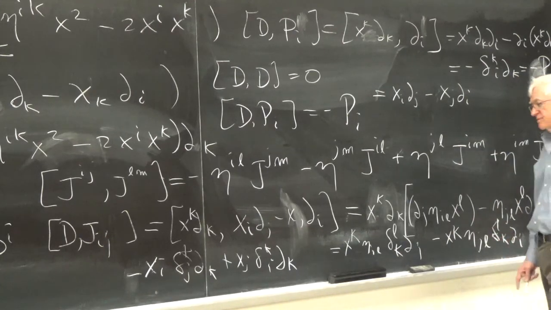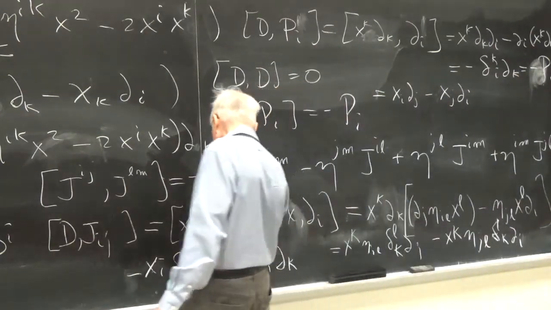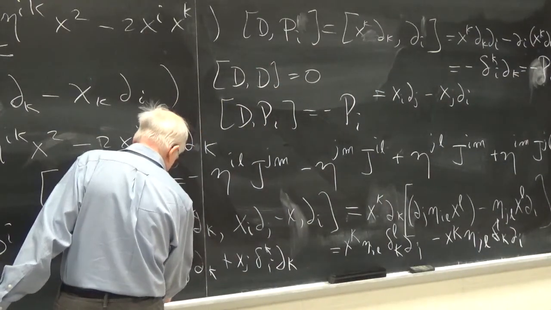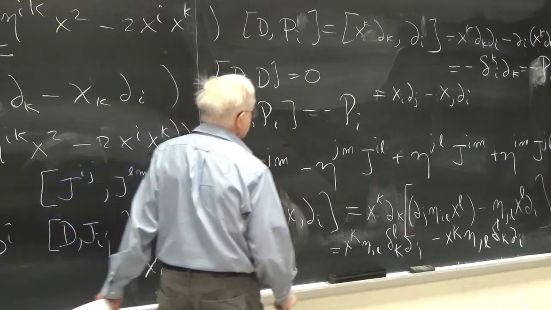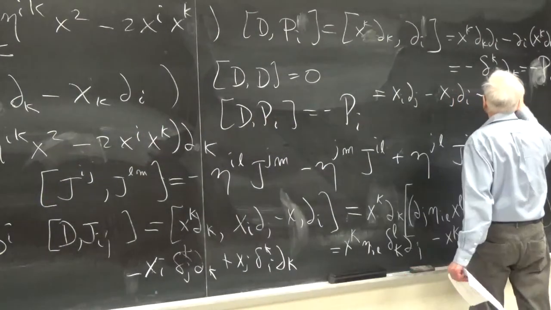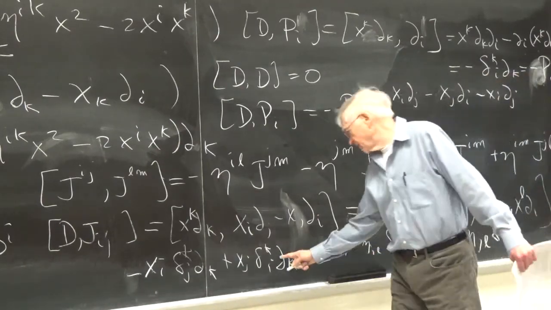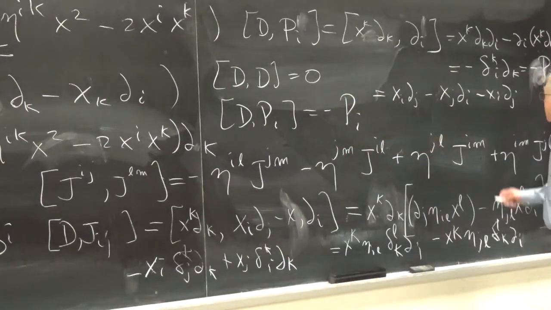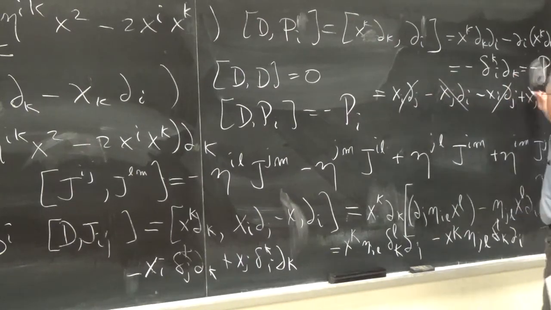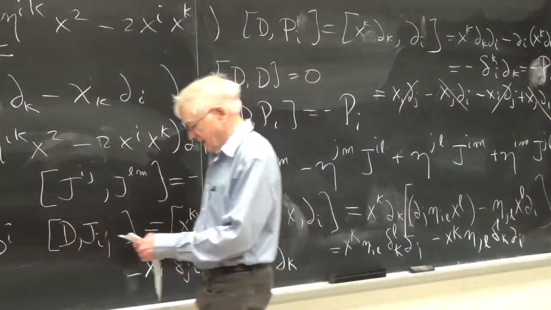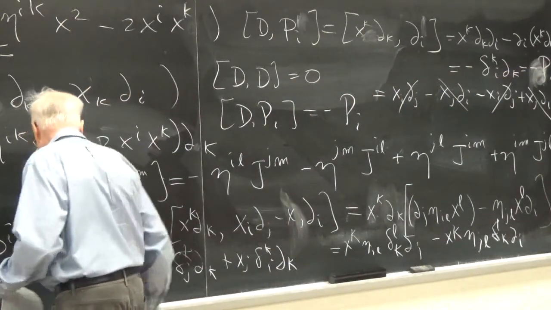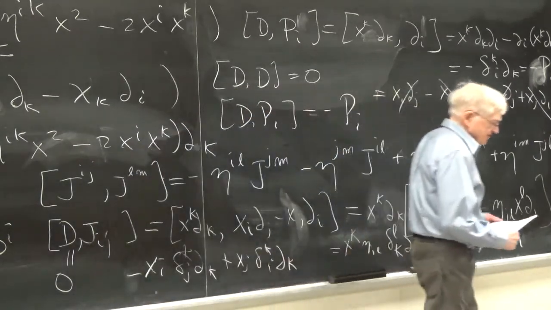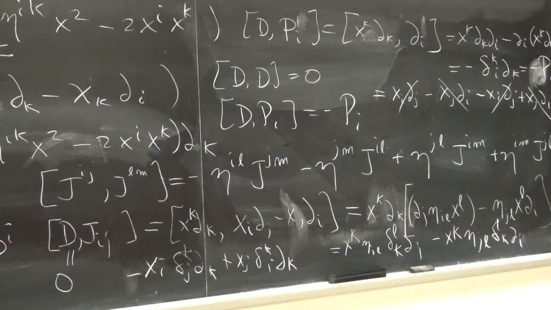So that's those terms. And then over here we have minus x_i d_j. And then this one gives us x_j d_i. Now all that should cancel, and indeed it does. So that gives us the rule that the dilations and the generators of Lorentz transformations commute.